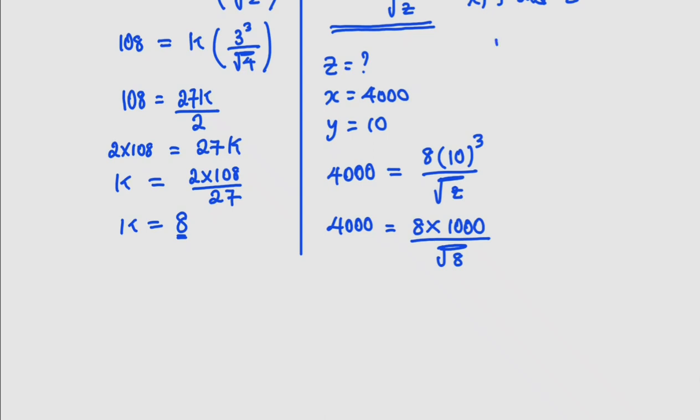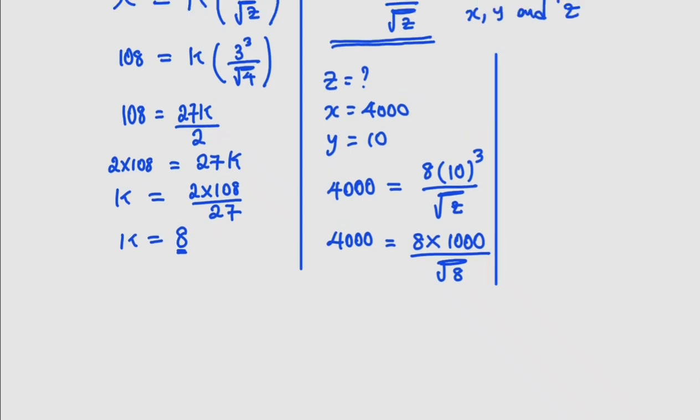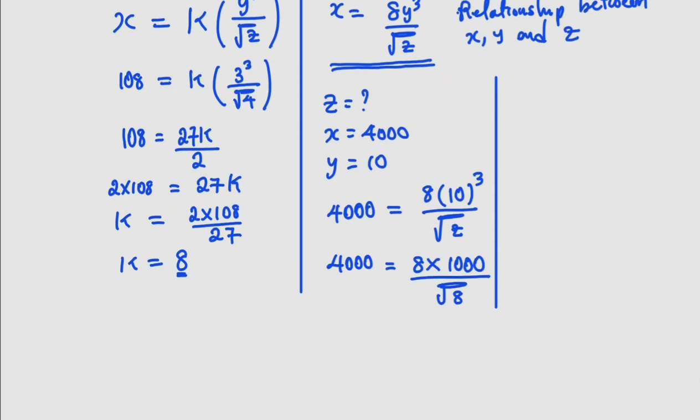I think we are moving, it is making a whole lot of sense. You have to follow me carefully. So this gives 4,000 times root of z equals 8 times 1,000.